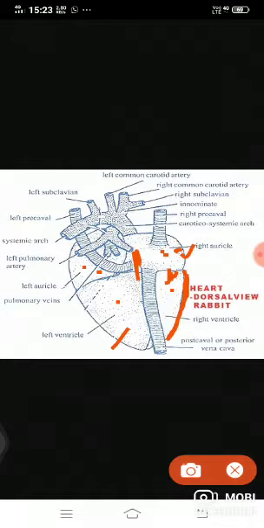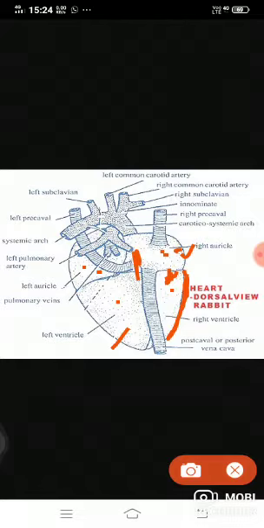It is guarded by a tricuspid valve. The tricuspid valve is situated between the right auricle and right ventricle.